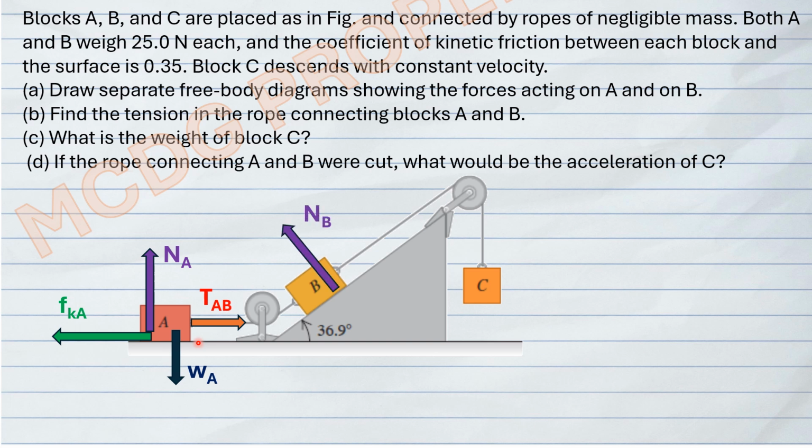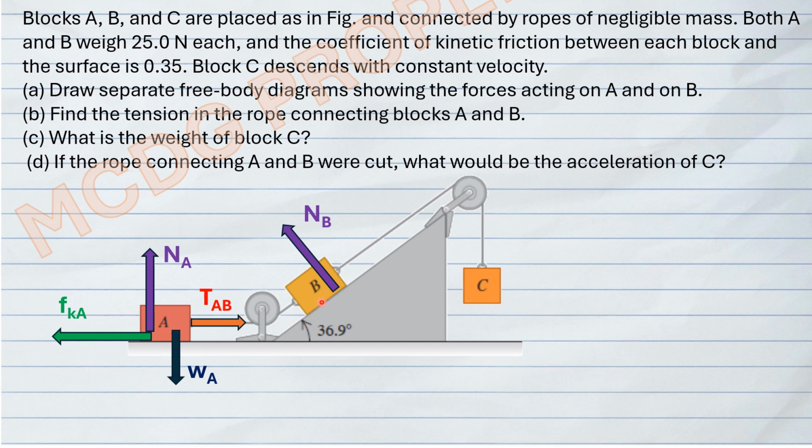For block B, you have the normal force acting on block B. Again, normal force is always perpendicular to the surface with which it is in contact. So take note of the direction of the normal force acting on block A and that acting on block B. Block A is on a horizontal surface, so the normal force is upward, perpendicular to the horizontal surface.